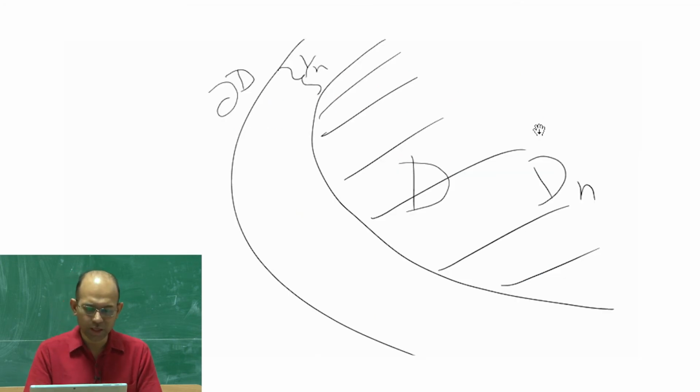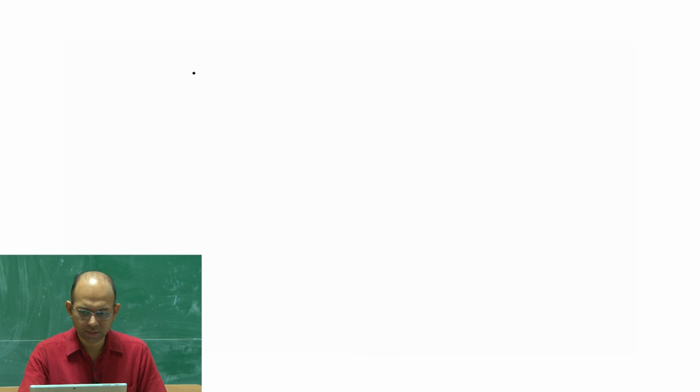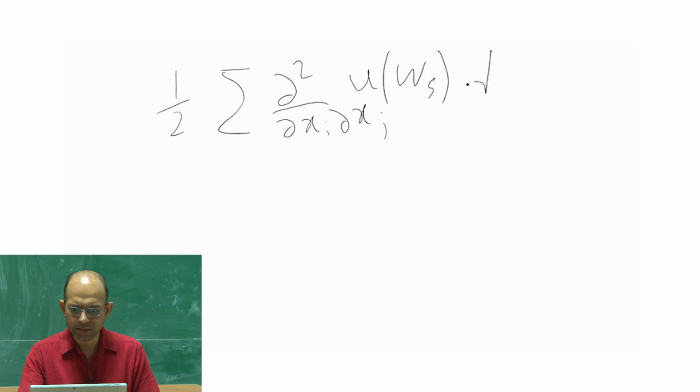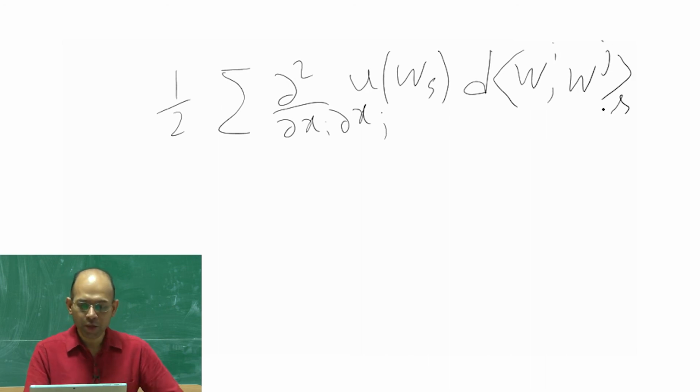So let me try to write this down. The term we have not written is ∂²/∂x_i∂x_j u(W_s) dW_i dW_j(s).